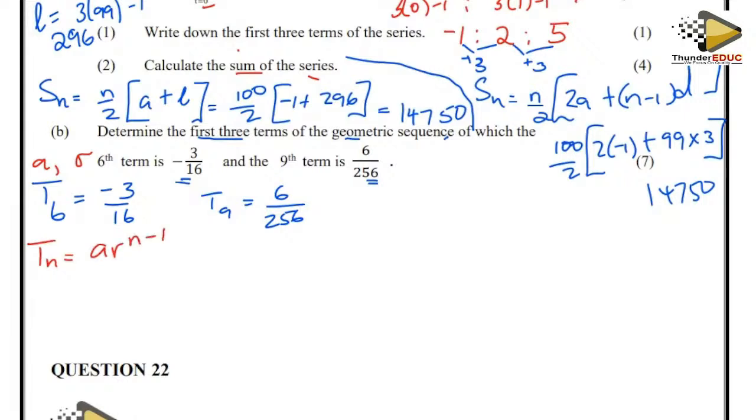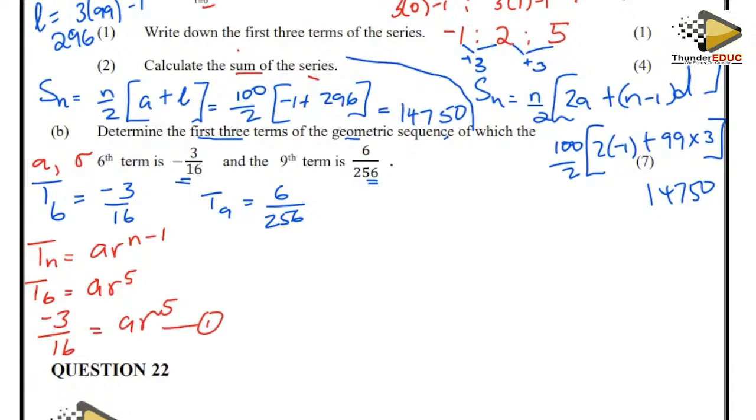So if we talk about T6, T6 is going to be given as AR to the exponent of 5, because that is 6 minus 1. Then where there is T6, I'll replace it with this. So that's negative 3 over 16 is equal to AR5. Call that equation number 1.